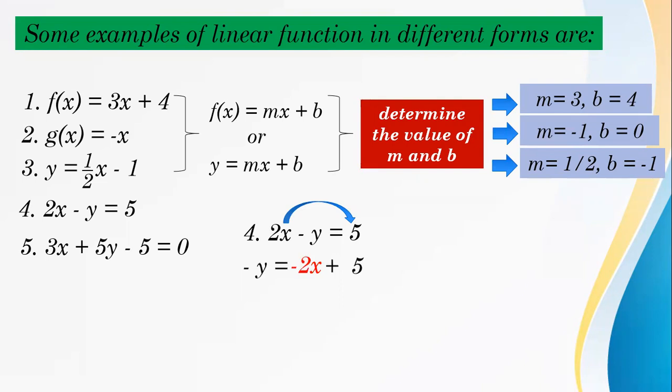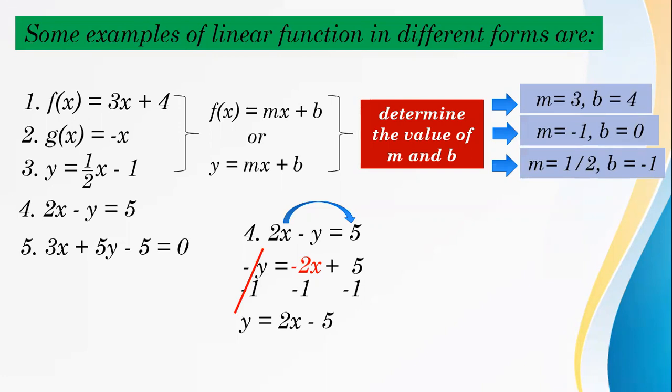Then copy negative y, equals negative 2x plus 5. But this time, your y is negative. Now, divide both sides of the equation by negative 1 to eliminate the negative sign. Then cancel out, and we have positive y equals 2x minus 5.